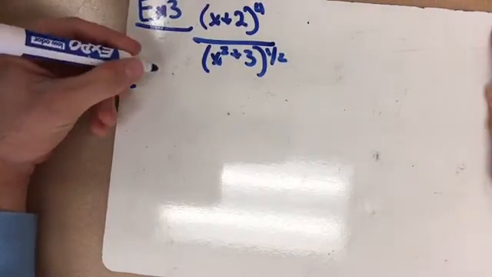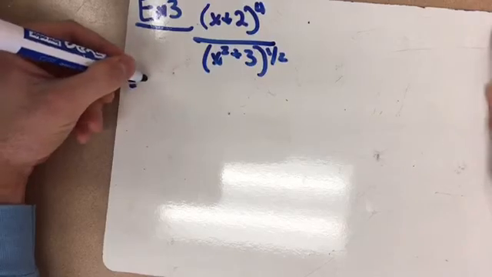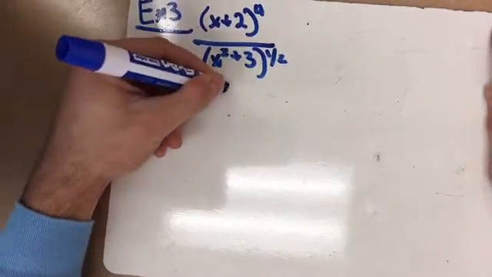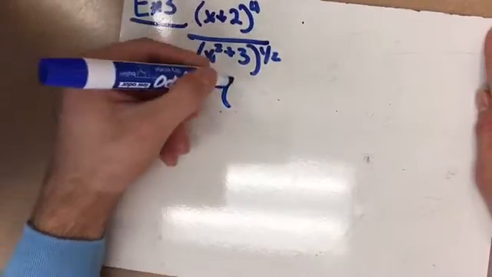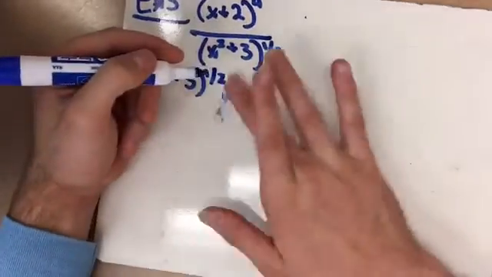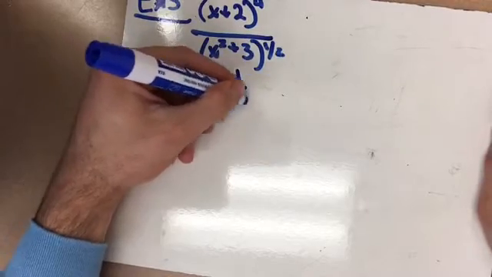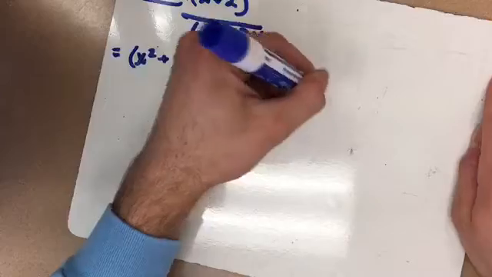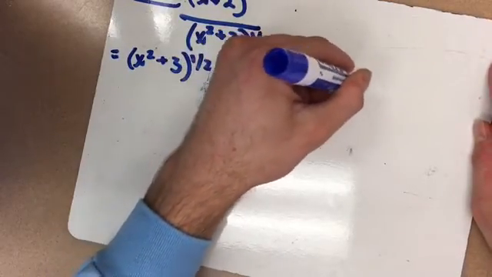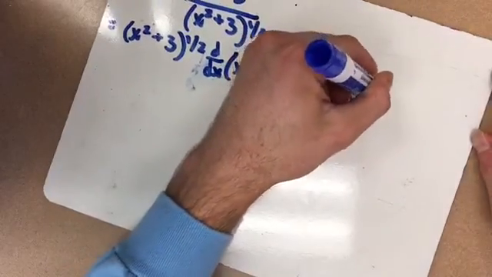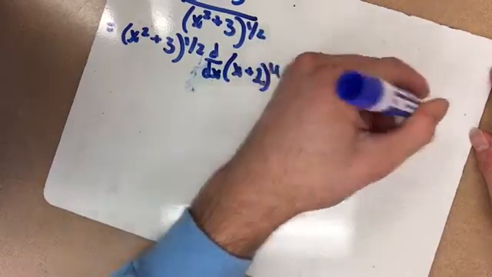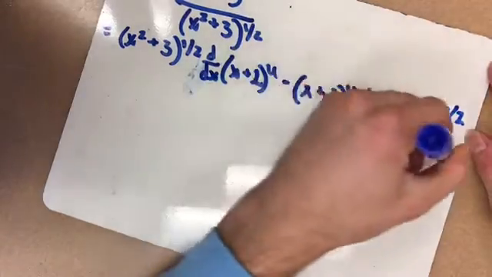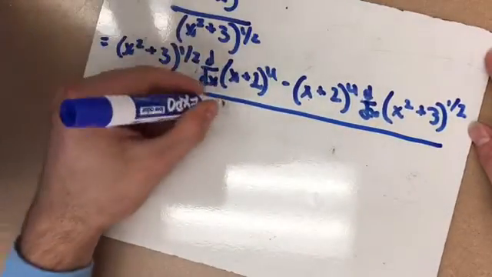So when we take the quotient rule, or the derivative, we have the bottom times the derivative of the top, minus the top times the derivative of the bottom, all over the bottom squared.